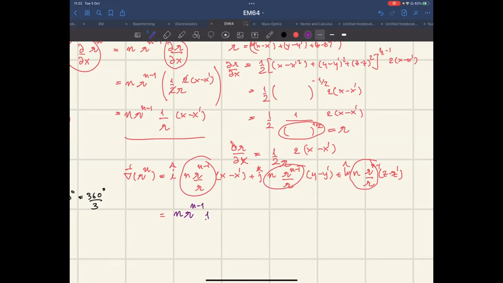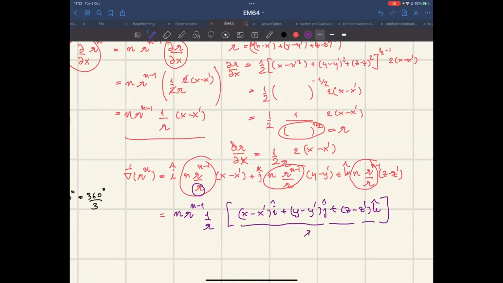And I have 1 over r here, just this one, and what's inside here is this one. And this thing is basically the vector, the separation vector itself.